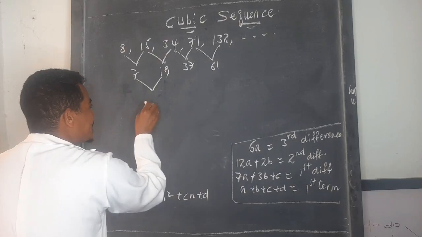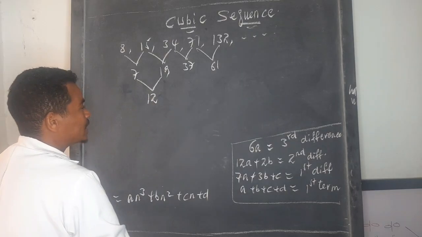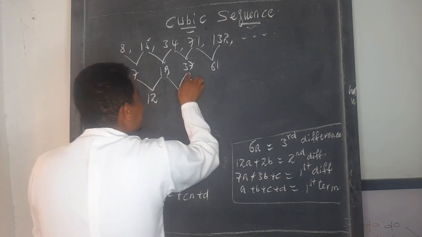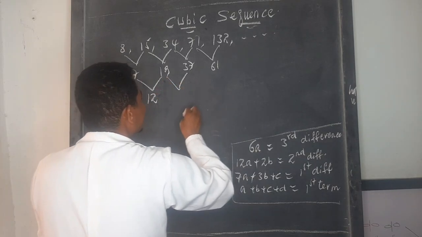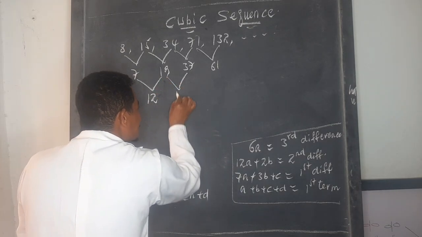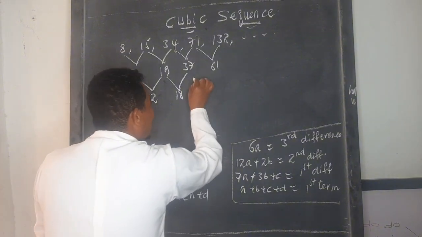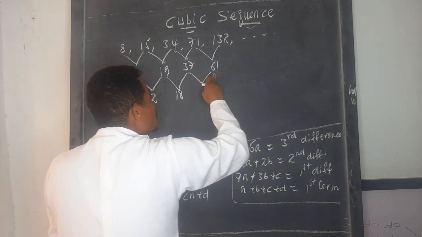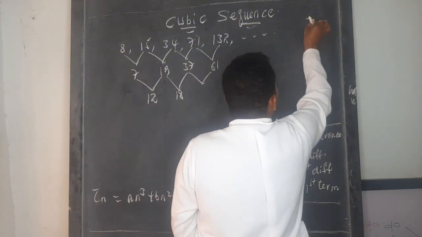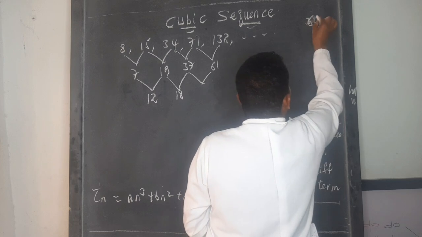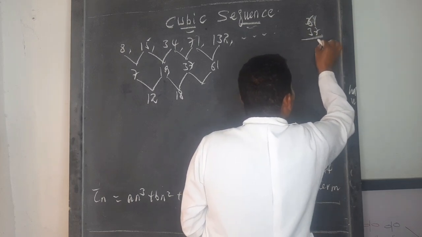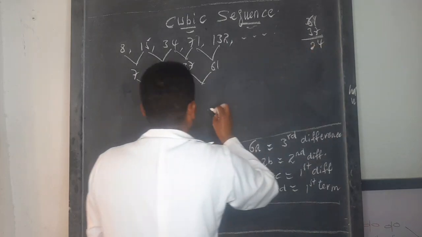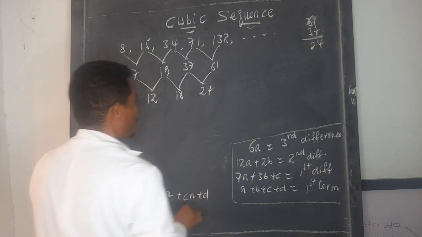19 minus 7 is 12. 37 minus 19 is 18. 61 minus 37 is 24.